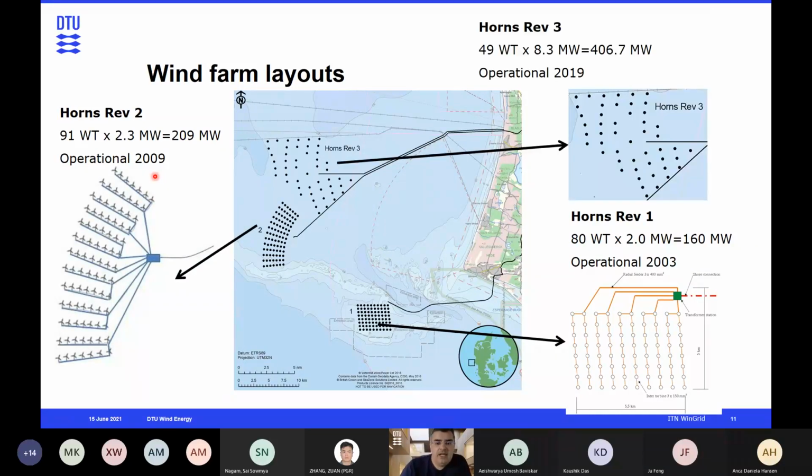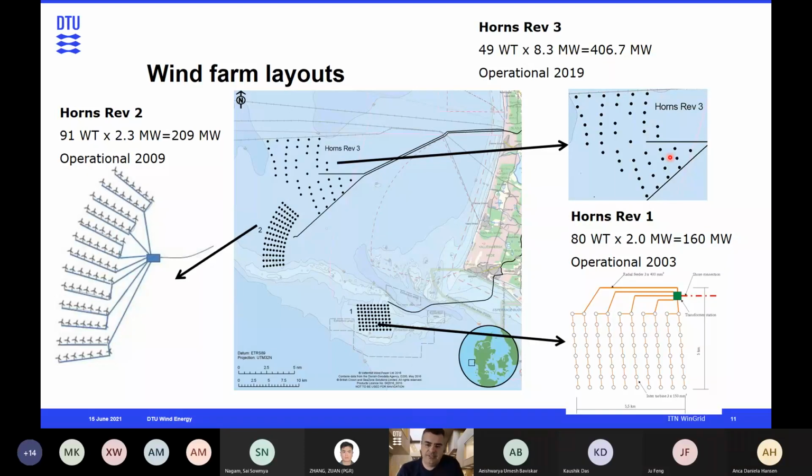And then we have the latest one, Hornsrev 3, which became operational a few years ago. You can see a much more randomized, less grid-like layout for the wind power plants.